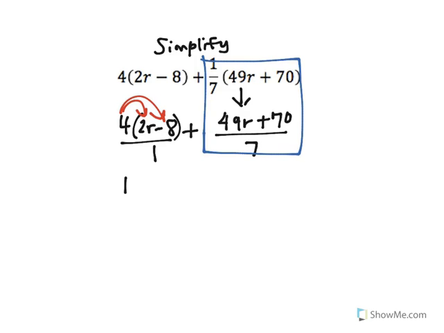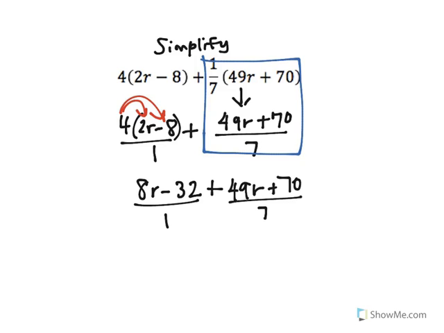I get 8r minus 32 over 1, sorry, plus 49r plus 70 over 7, right? I need to make the same denominator here.